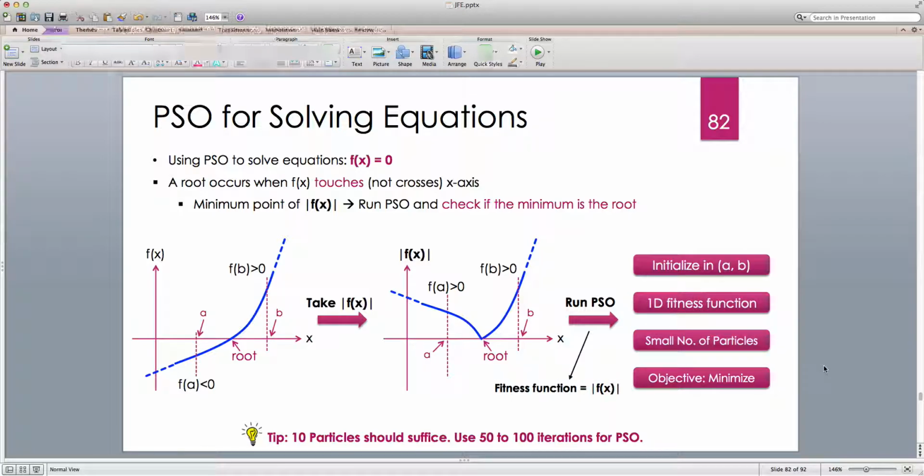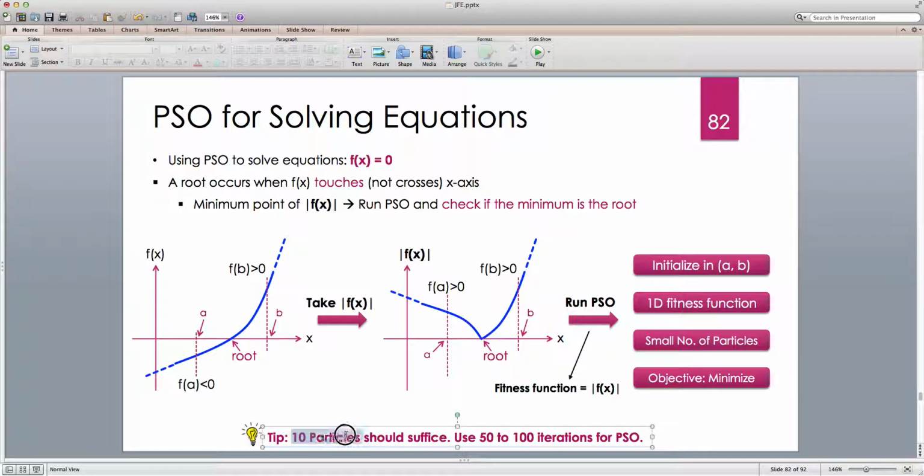And then we don't need a large number of particles. 10 particles should suffice. So we're going to set the number of particles to 10. And then the number of iterations 50 to 100. And again, at each iteration step, we're not doing anything fancy. We're just evaluating the function for a number of particles, updating the position and velocity, which is just a bunch of additions and multiplications. So we're doing bare minimums to run this algorithm.